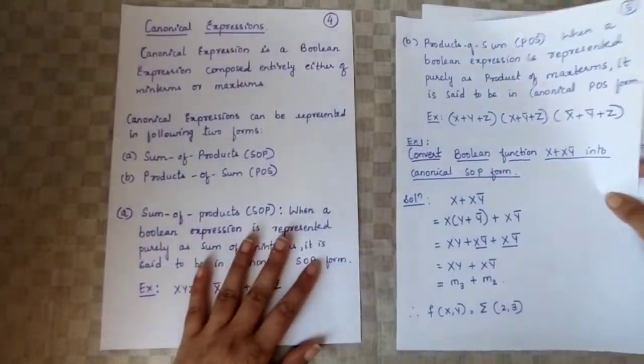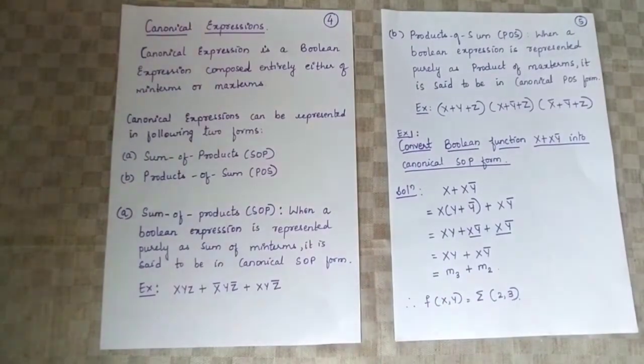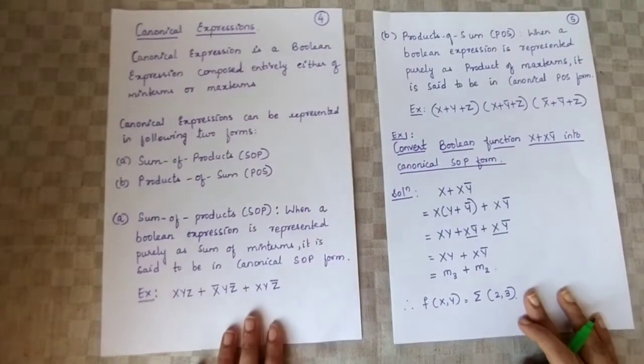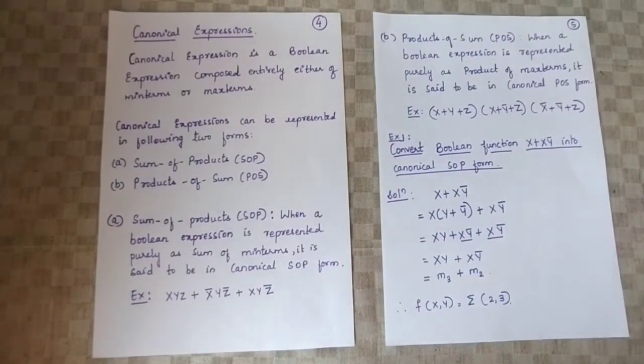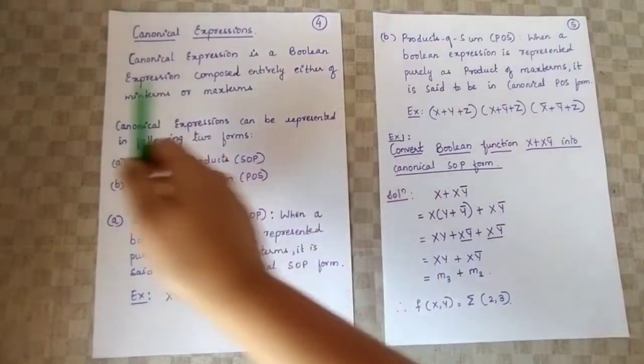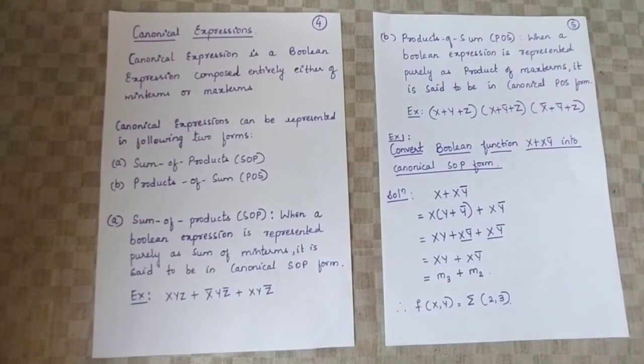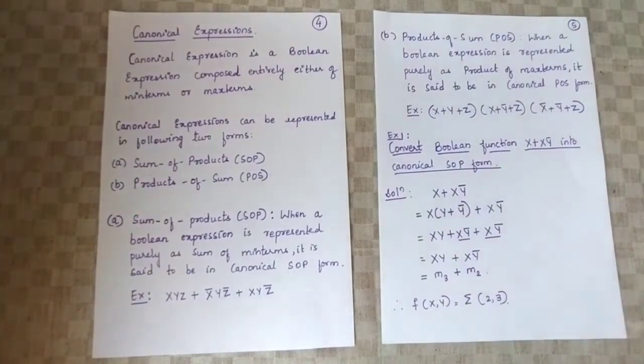Now moving on to the next concept, which is canonical expressions. Now what is meant by canonical expressions? It says a canonical expression is a Boolean expression made up entirely of either min terms or max terms, which means a given expression should contain either all min terms or all max terms.